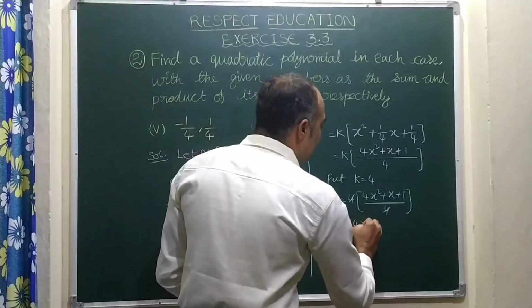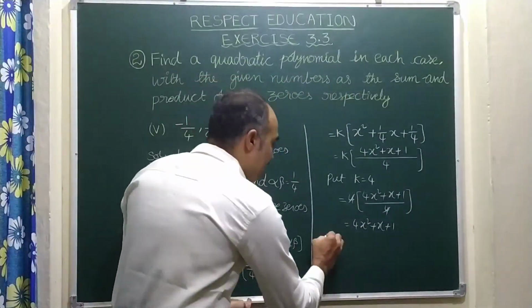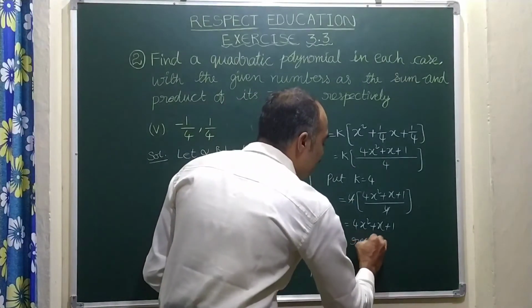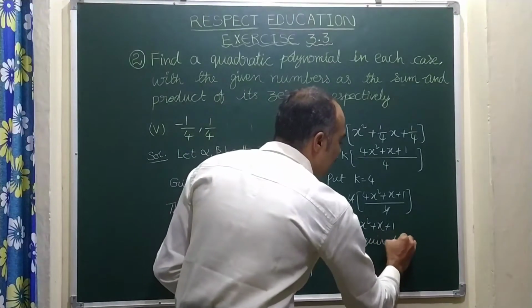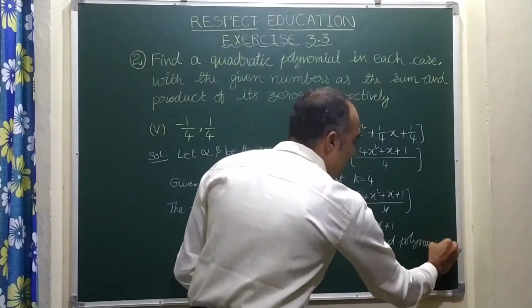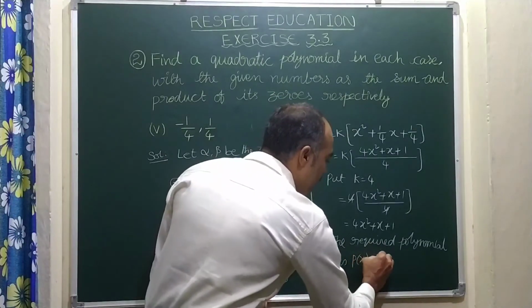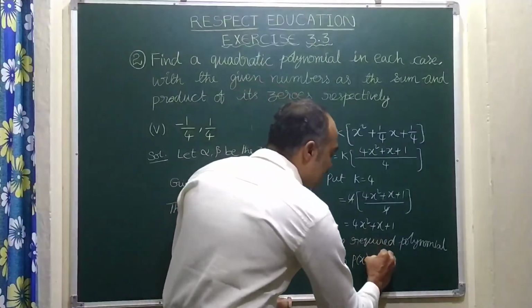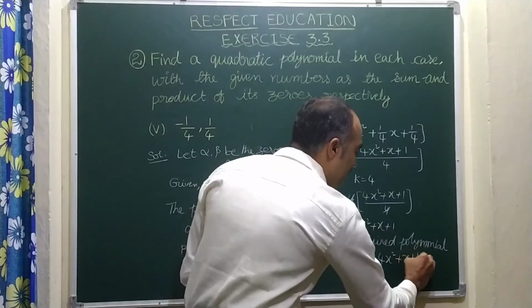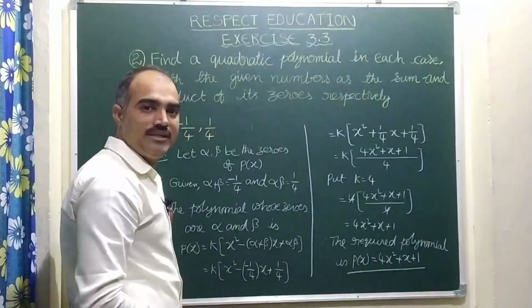Therefore 4x square plus x plus 1 is left. Hence, the required polynomial is p of x equal to 4x square plus x plus 1. This is the final answer for this fifth bit.